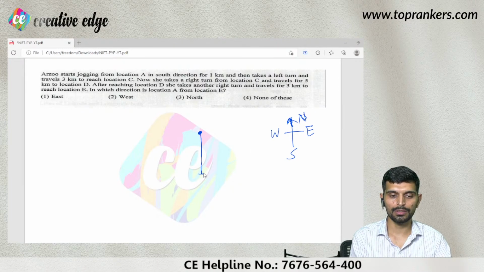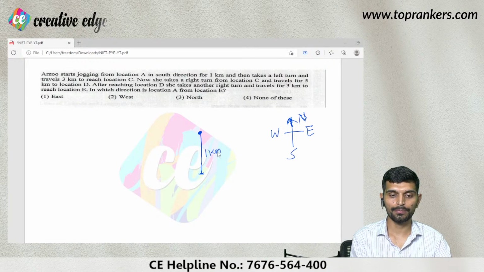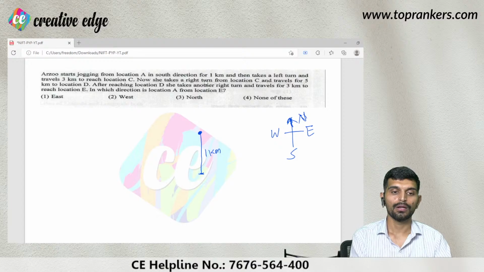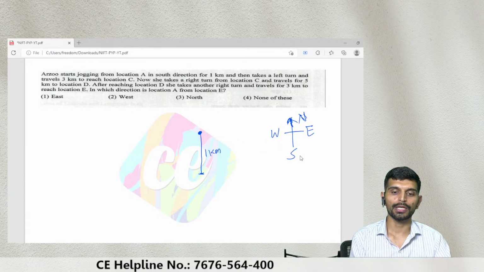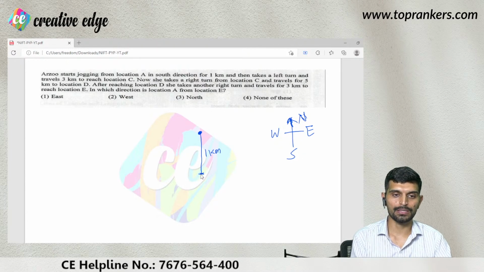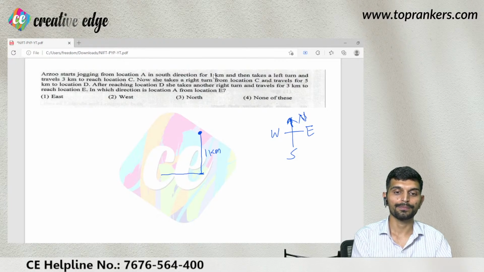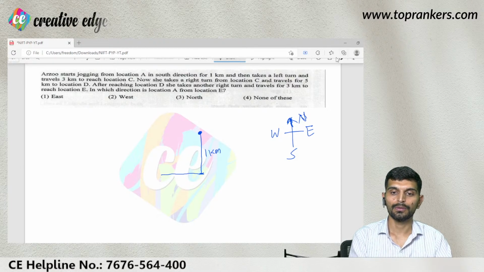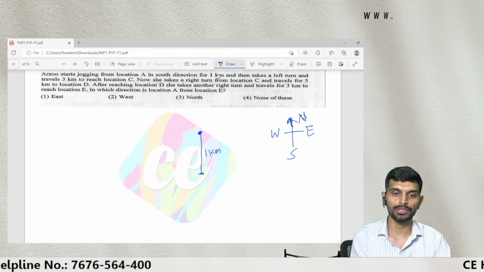From here, Arzu jogs for 1 kilometer, then takes right. If somebody is facing south, taking right will be going towards west, right? But earlier she is taking left, so she must go towards east.